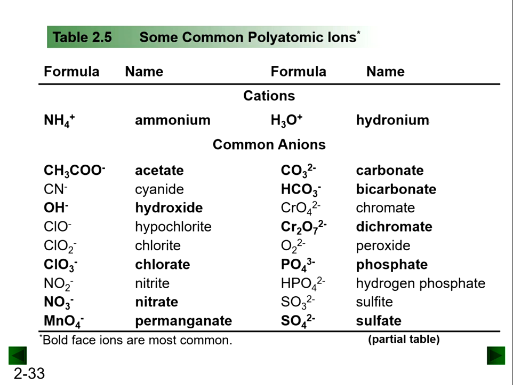You should know all the names and formulas in this table, though you will have access to it on an exam, but you will use these constantly, and so it's important to remember these because it'll make your work a lot easier. And you can see there's a variety of anions here: acetate, cyanide, hydroxide, and so forth. This is not a complete table. There's a more complete table in your text, and we will come across some other ones as we go throughout the semester.